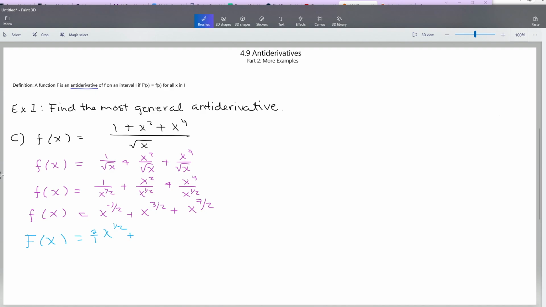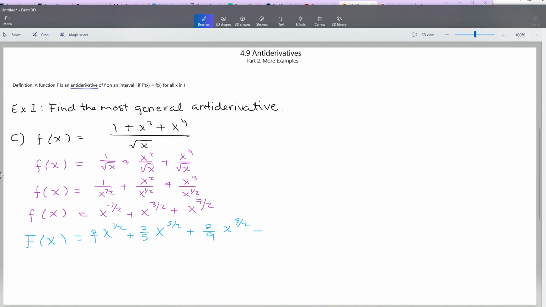Okay, so same thing here. My exponent would be 5/2, and I would multiply by the reciprocal, 2 over 5. Here my exponent would be 9/2, because I'm adding 1 or 2 over 2, and I would multiply by the reciprocal, 2/9.